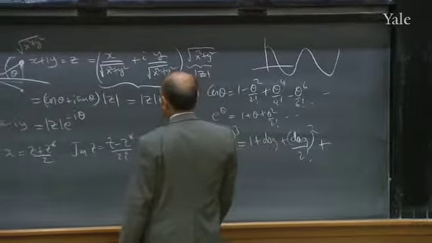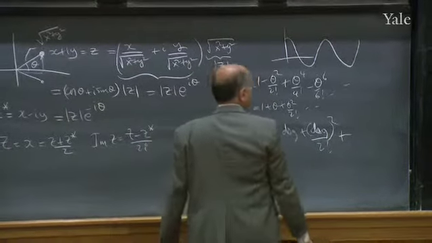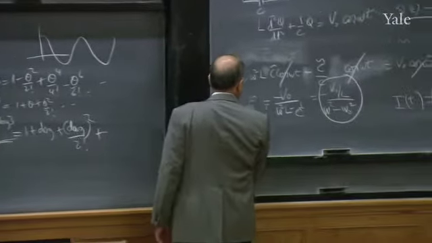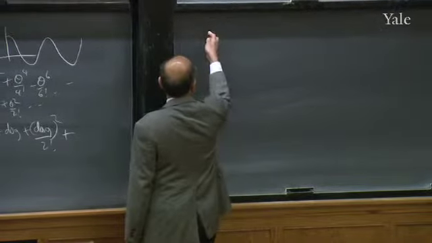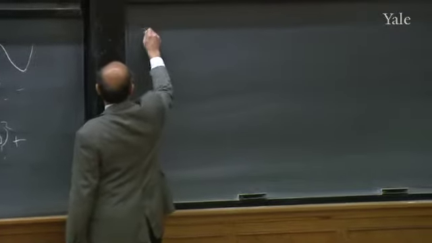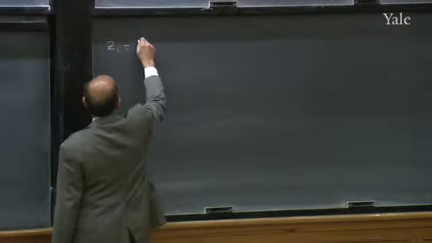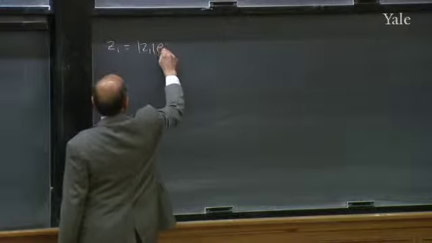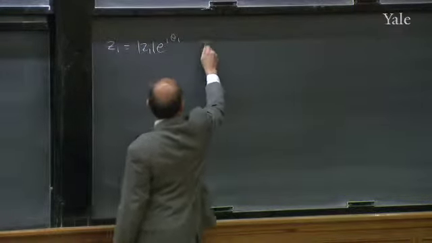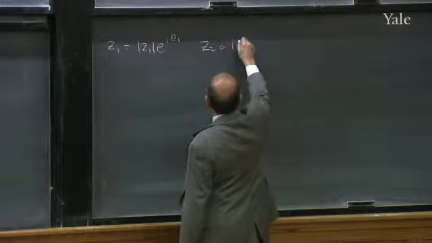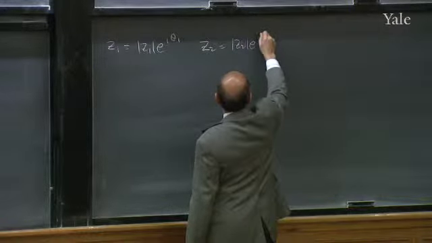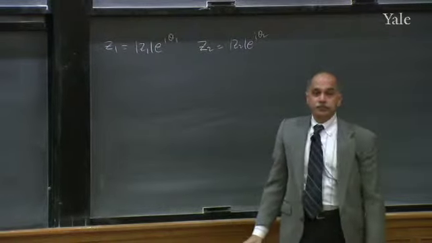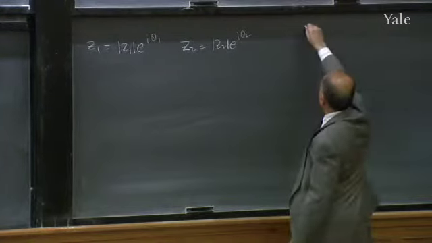Here's something very useful about complex numbers. Let's take a complex number z1, which is mod z1 e to the i theta 1, another complex number z2, which is mod z2 e to the i theta 2. So what do they look like?